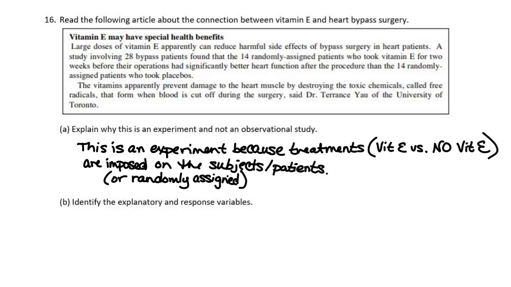The patients in this particular study were not given the option, they were not given choice. They were randomly selected to be part of one group or another. And because that treatment was imposed on them, they were randomly assigned to one of these groups. That's what makes it an experiment.